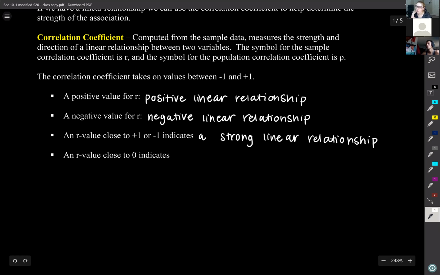So let's say you have an R of -0.98. You would say, okay, that's a strong negative linear relationship. If you have an R value of positive 0.98, then that's a really strong positive linear relationship. So it makes sense that something in the middle means there's really no linear relationship, because the closer we are to +1 and -1, the stronger the relationship is. If we fall smack in the middle, near 0, that indicates there's no linear relationship.